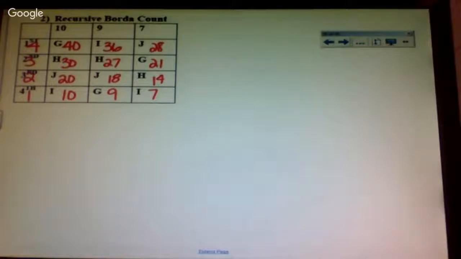Beautiful. Now we need to add them all up: G, H, I, J. G has 40 plus 9 plus 21, 70 total.